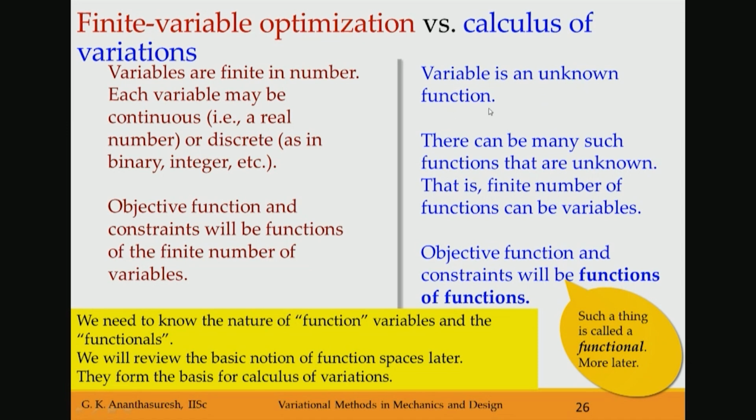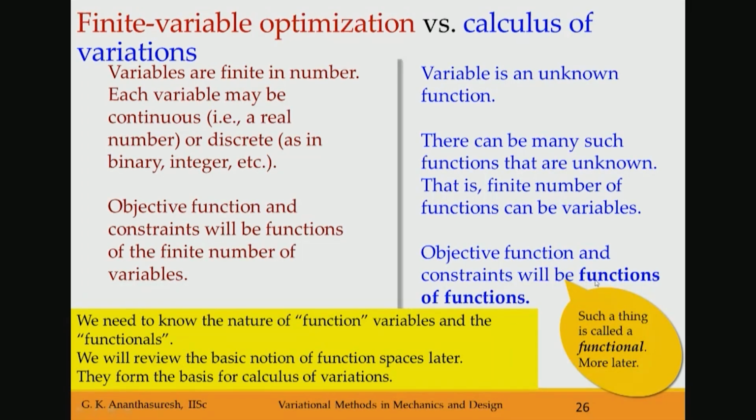Here the unknown is a function. There can be many such functions that are unknown, just like we have many finite variables. Here also you can have many functions if you want. And in this case the objective function and constraints are functions of these finite variables. Here they are functions of these functions. The objective function and constraints are functions of functions, which we call a functional.